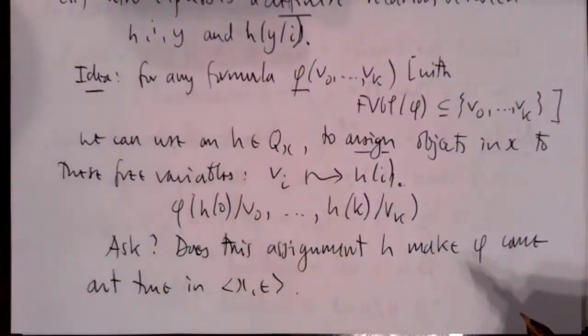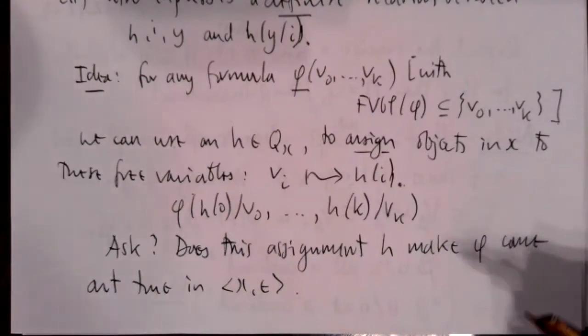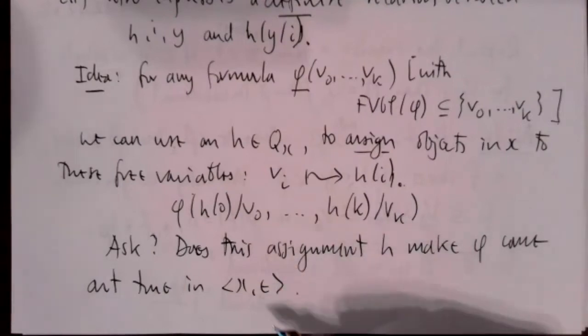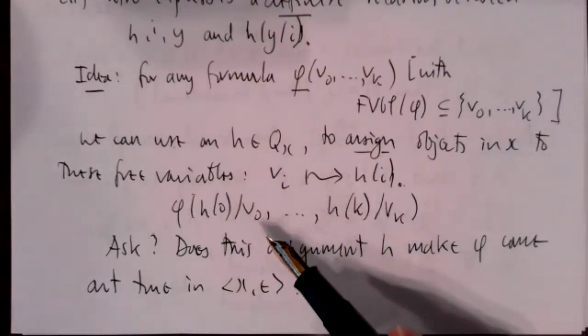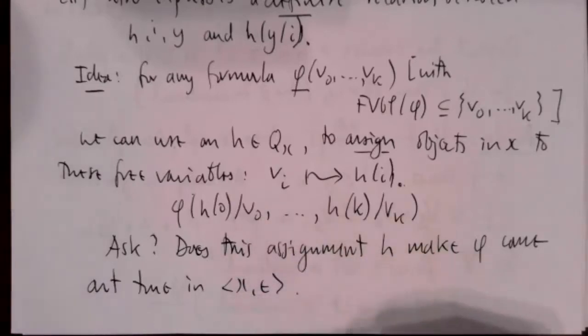Of course, if phi says something obviously false, if it says v0 does not equal v0, this is never going to be true in any structure. On the other hand, if it says v0 does equal v0, that's always going to be true.